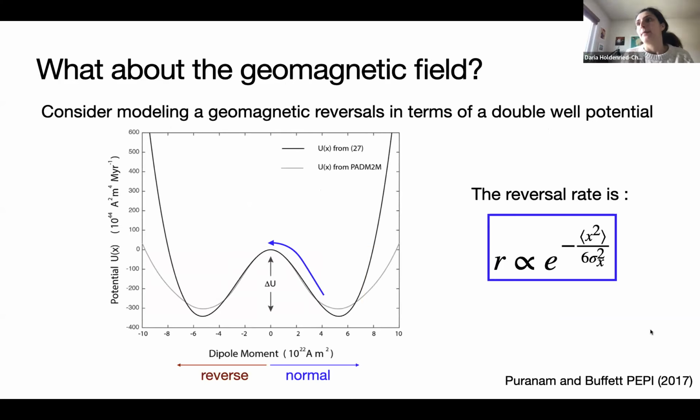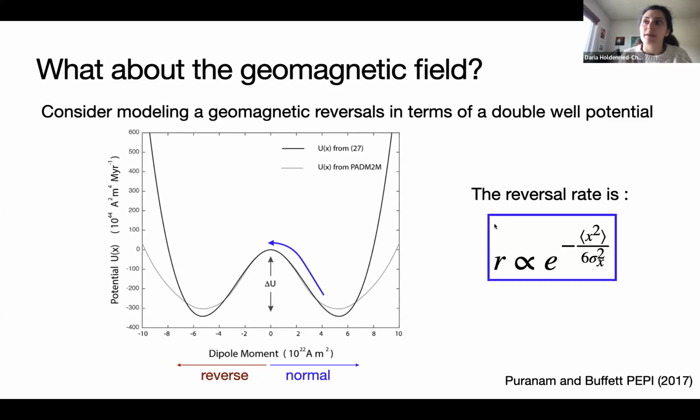And they, amongst others, have thought about reversals in the context of a double well potential. So the idea is that you have these two wells, which represent either the normal polarity or the reverse polarity. And you can model a reversal by thinking, what is the probability of jumping from one well, say in the normal polarity, to the reverse polarity?